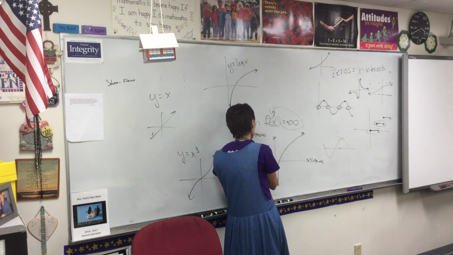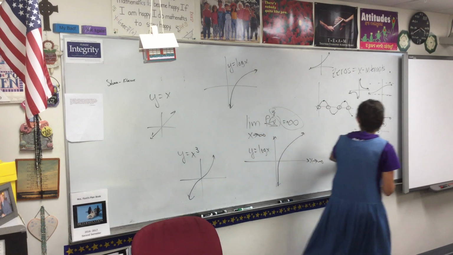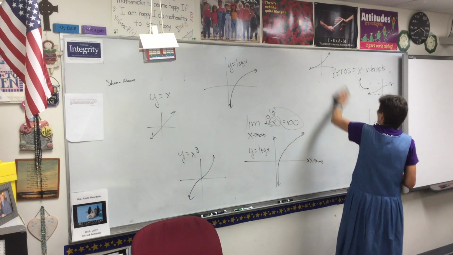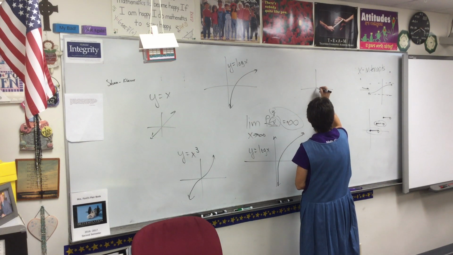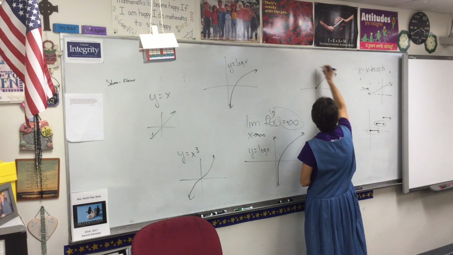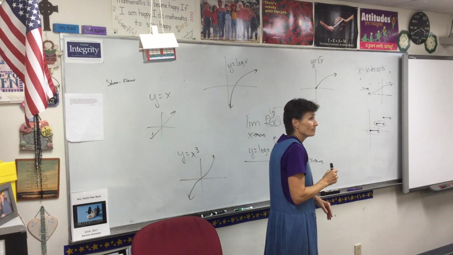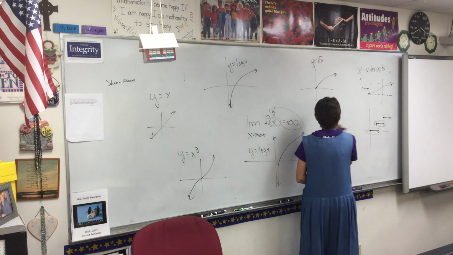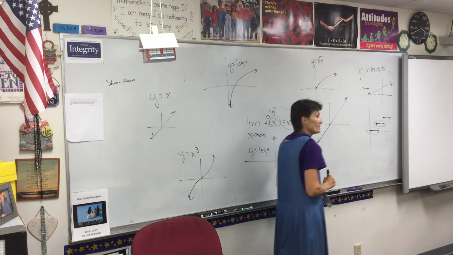So y equals log x is one of them. Very, very good. What's another one? The square root function. As we go to the right, my pencil is going up. The identity function. As we go to the right, my pencil is going up.